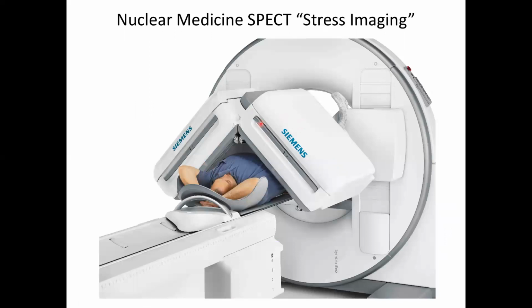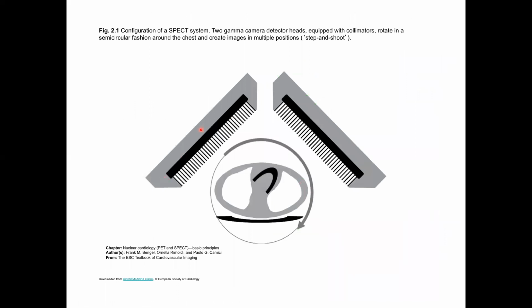So here's one detector, here's the other detector, and they're at 90 degrees. And so this is what it looks like. We've got the patient here. The patient will have the contrast agent that's emitting gamma rays, and these gamma rays will come out and get detected by this detector. You would like the detector to record all of the gamma rays that are coming in parallel rays this way.